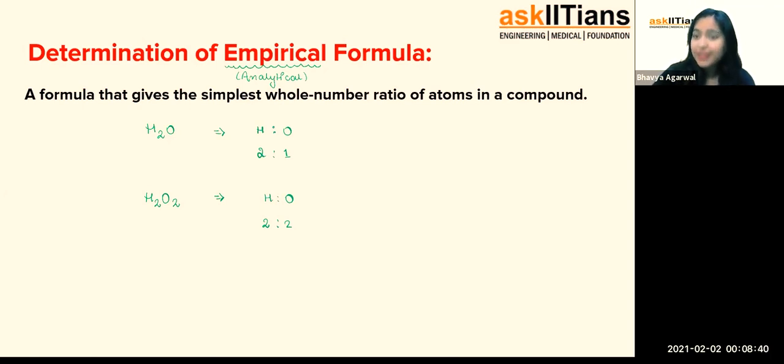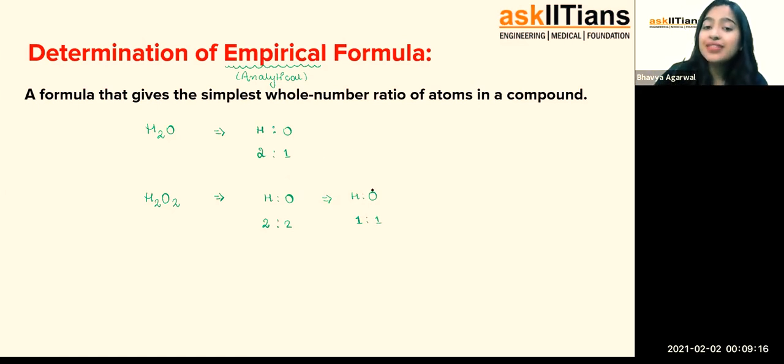Now, for those relative atoms, there can be a simple ratio in which these atoms can exist. For instance, for water, whatever is its specific ratio, that is 2:1, that is also its simplest ratio, right? But for hydrogen peroxide, that is H2O2, hydrogen and oxygen are present in 2:2 ratio, which can be further simplified as 1:1, right?